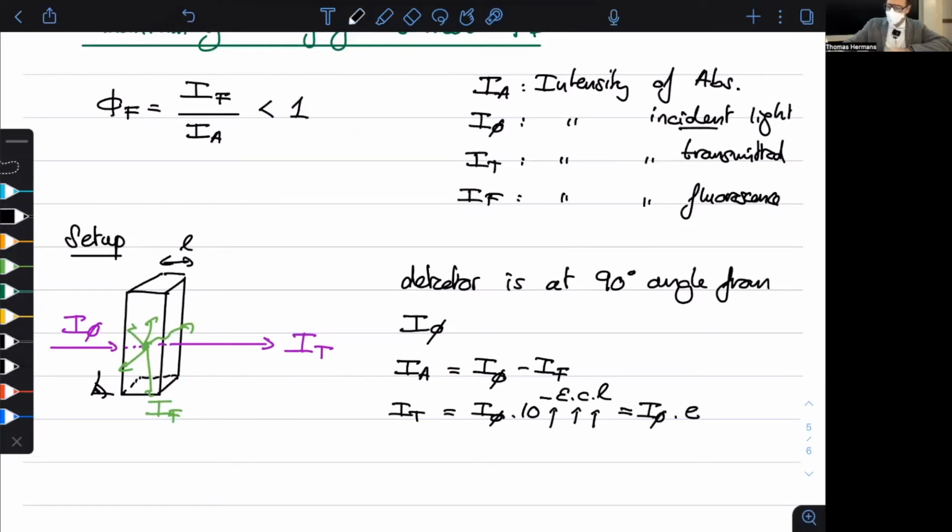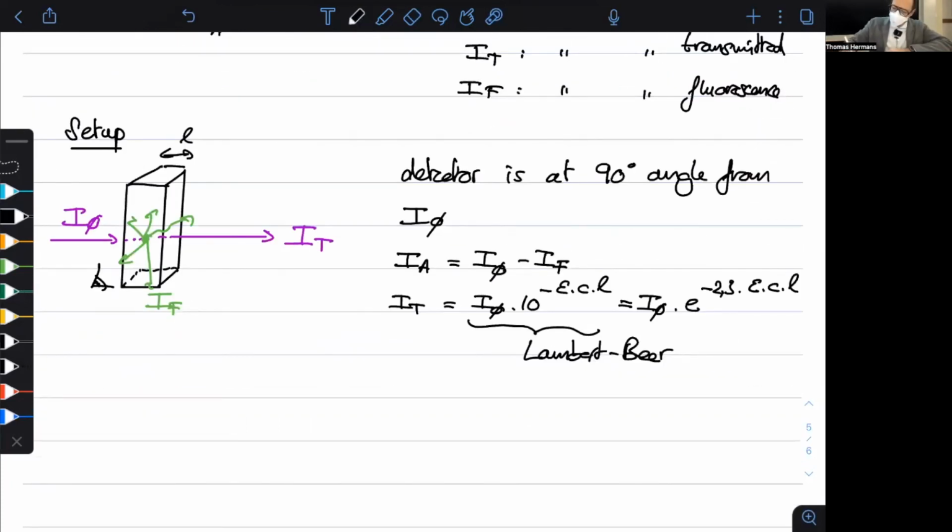You can also write it as an exponent. Then it just adds this 2.3 times E times concentration times path length. This doesn't matter, it's just some mathematics. So this is Lambert-Beer.